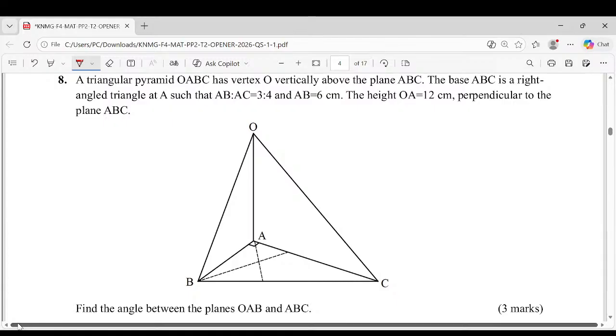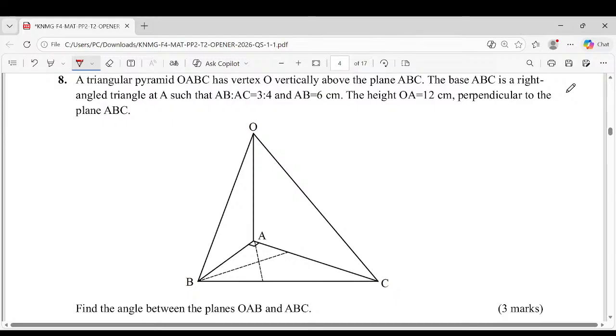A triangular pyramid has a vertex O vertically above the plane ABC. The base ABC is a right angled triangle at A, such that AB to AC is 3:4 and AB is equal to 6 centimeters.